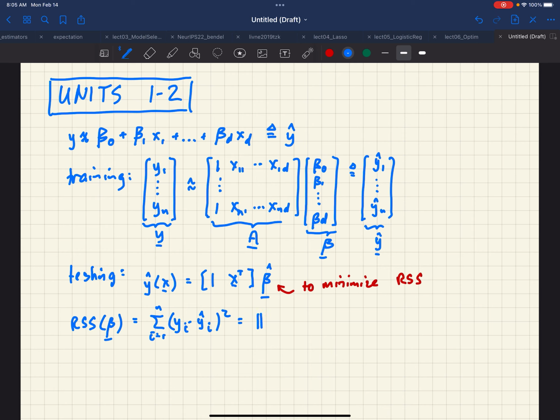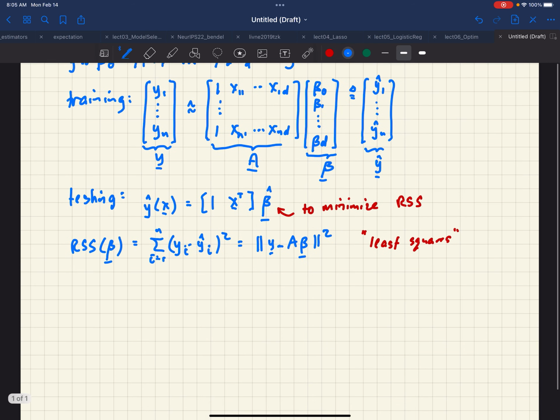Or if we want to write this as a norm, we could write this as y minus A times the beta vector, squared. And so we can also say this is a least squares problem.